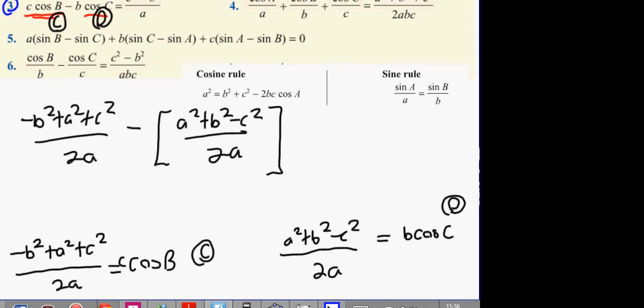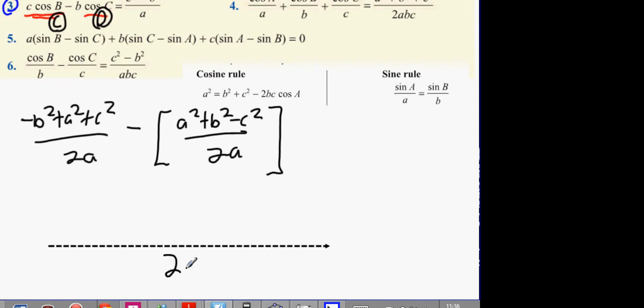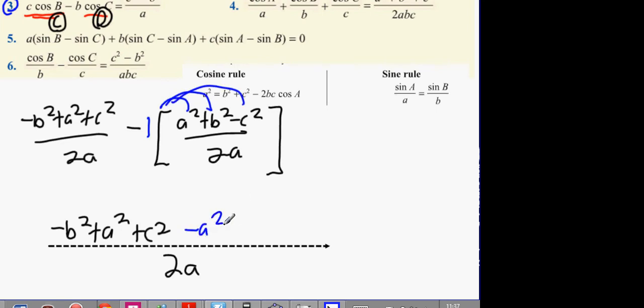Close it down. Okay, that's all I need at the moment. Now, they have the same denominator, don't they? So that's convenient. And this one's minus B squared plus A squared plus C squared. What goes in here? A 1. Multiplying in basically means change every sign. Minus A squared minus B squared plus C squared.